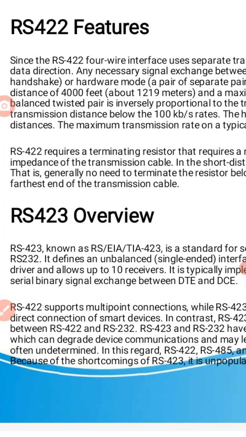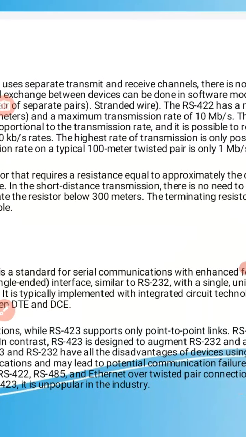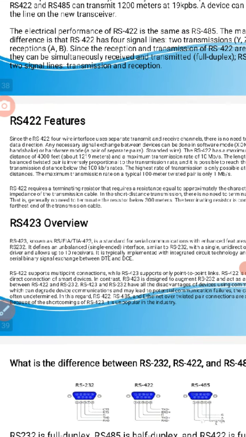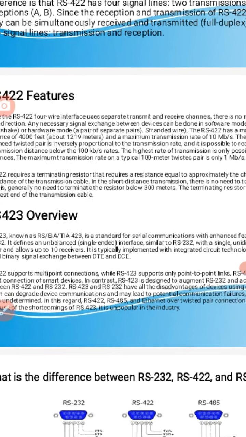That is, generally no need to terminate the resistor below 300 meters. The terminating resistor is connected to the farthest end of the transmission cable.